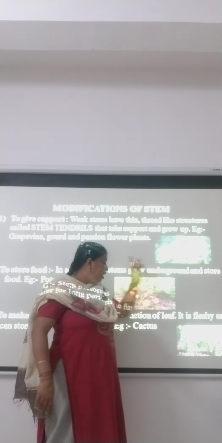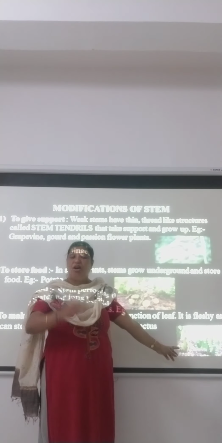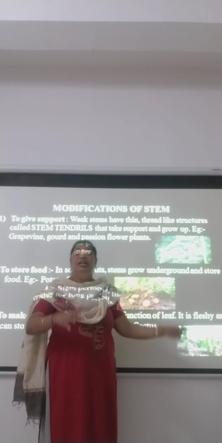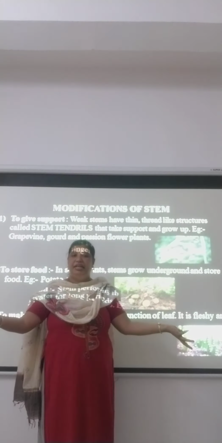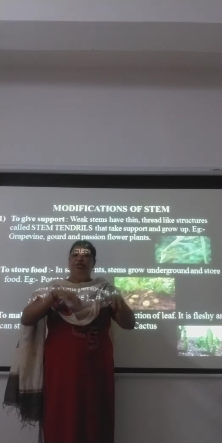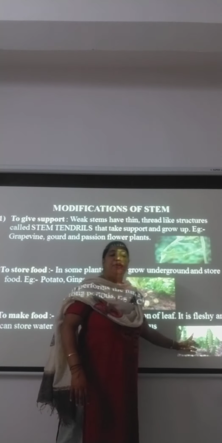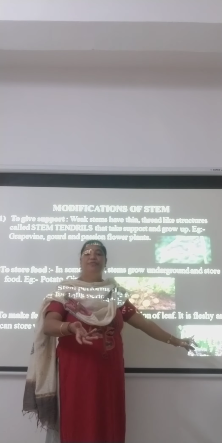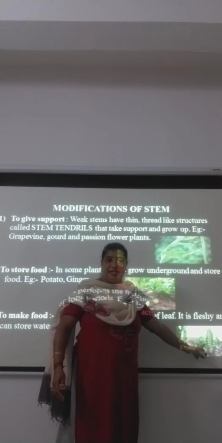Understood, children? Here, the green colored thick fleshy part which you can see on the cactus is the stem. So that it will not allow more water to get evaporated or more sunlight to fall on the plant. Understood? So in such plants, the stem changes itself into a thick fleshy part, for example, cactus.